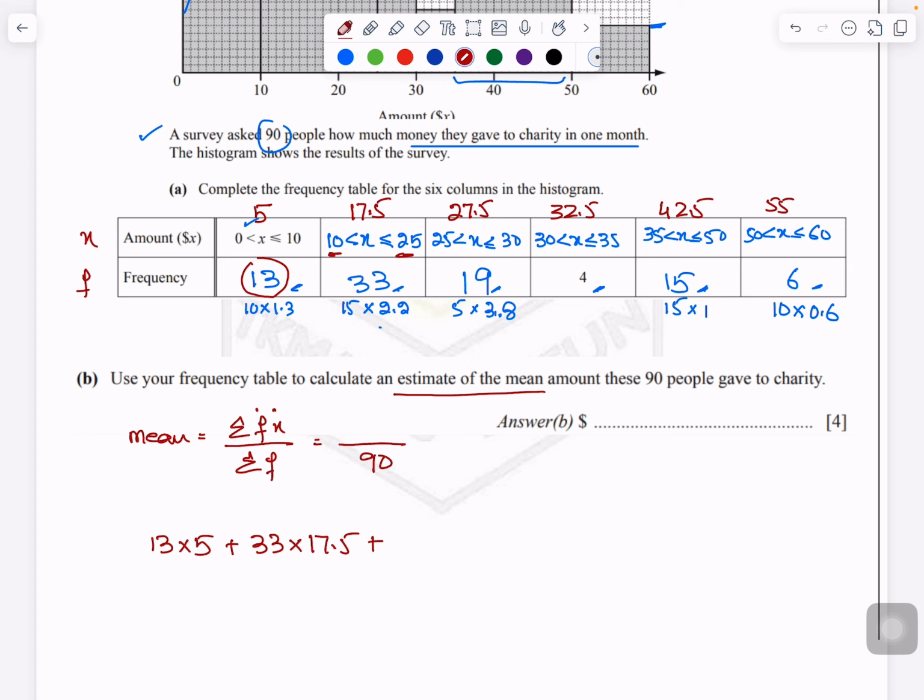Then I'm adding up, then 19 times 27.5, then 4 times 32.5, then 15 times 42.5, and last 6 times 55, right?